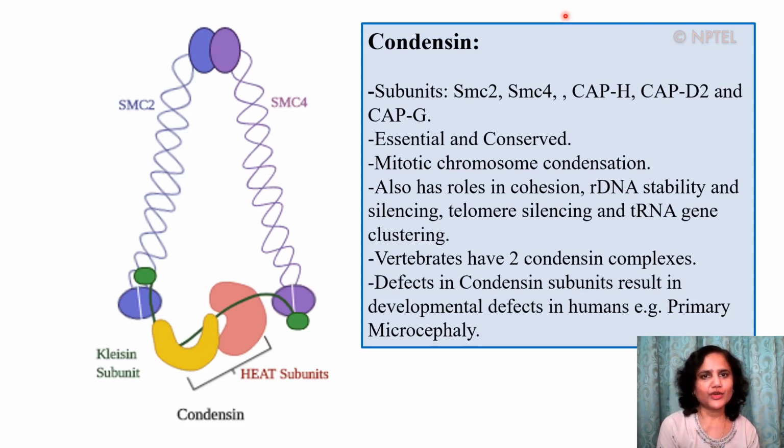In addition, the condensin complex also has roles in cohesion, in rDNA stability, and also silencing at the ribosomal DNA, in telomere silencing, and in tRNA gene clustering within the nucleus. Vertebrates have got two different condensin complexes, and defects in condensin subunits can result in a developmental defect in humans, for example, primary microcephaly.